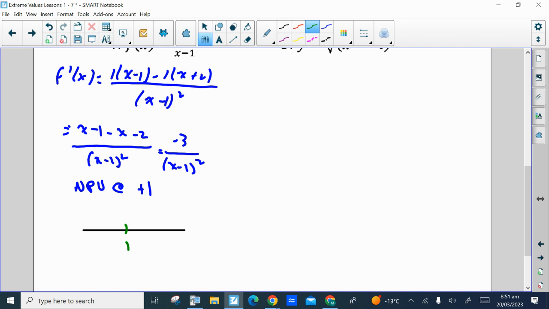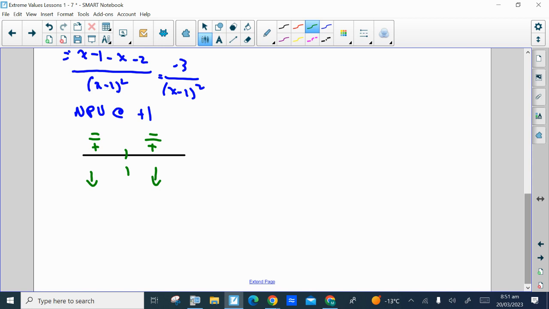So no matter what x is on the bottom, you're always going to get a positive value. So you're going to have a negative over a positive no matter what x value you choose, which means in this case the function is always decreasing, but not at positive 1, because positive 1 is where you'll have a vertical asymptote. That is your non-permissive value.